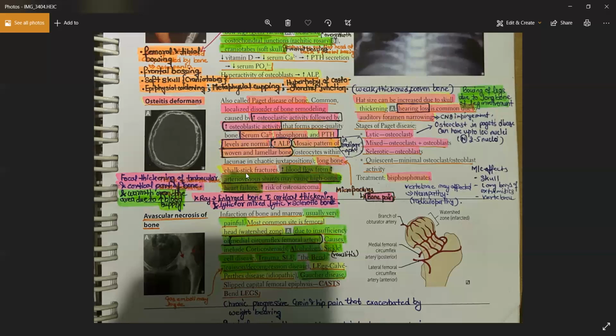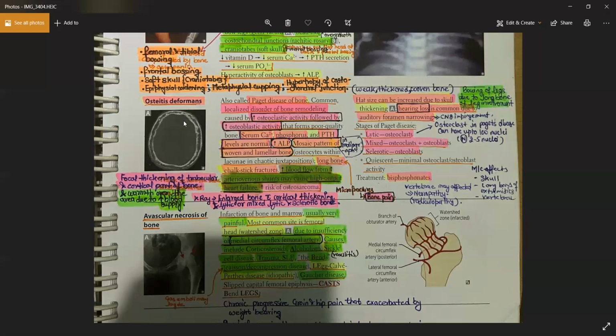Sometimes AV shunt formation can also occur in these areas of bone formation, like say the femur, for example. If I'm having Paget's disease of the femur, then an AV fistula can form in the femur, and that can cause a high heart rate and a fall in the BP of the patient, right?